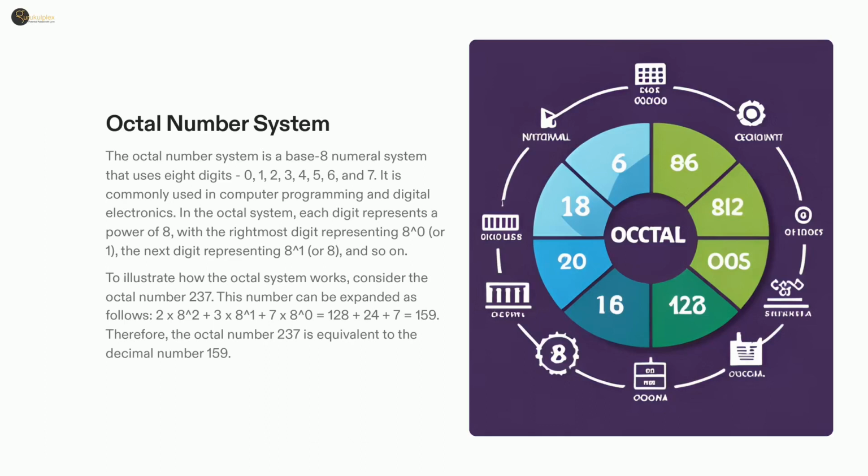As an illustration, the octal number 237, when expanded, is equal to 2x8 to the power of 2 plus 3x8 to the power of 1 plus 7x8 to the power of 0 equals 128 plus 24 plus 7 equals 159, which implies that the octal number 237 is equal to the decimal number 159.